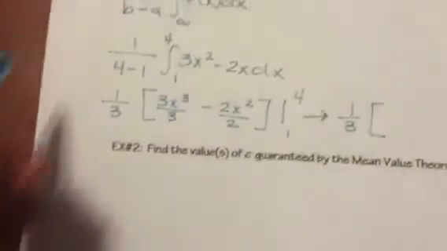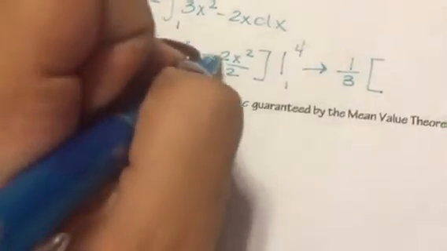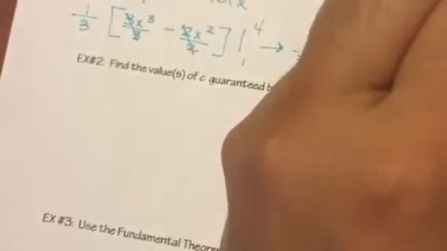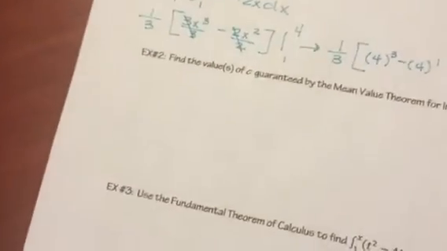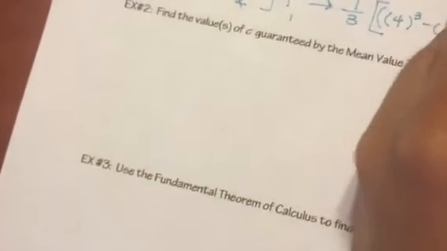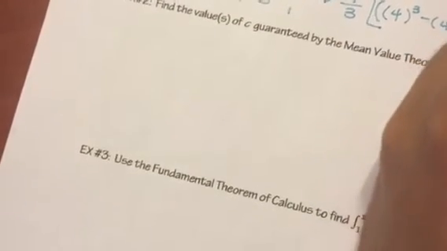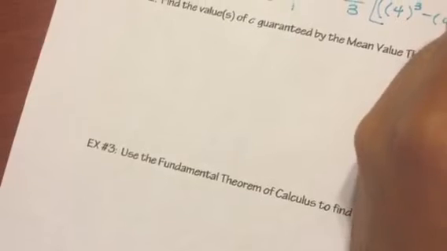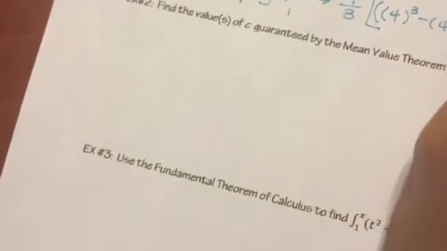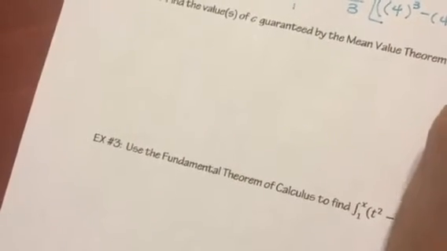And then that'll give us 1/3. I can simplify this by canceling these out, so I'll have 4 cubed minus 4 squared, minus 1 cubed minus 1 squared.